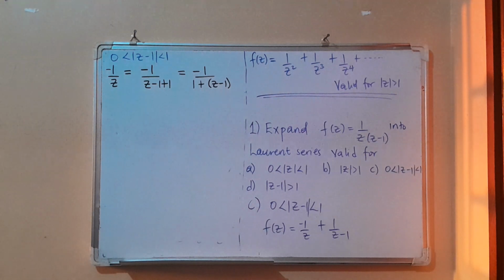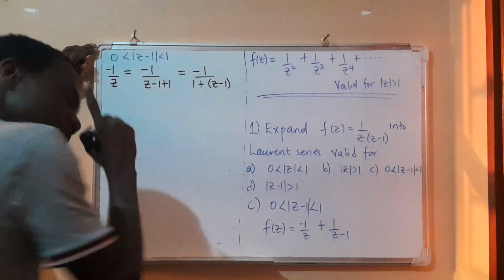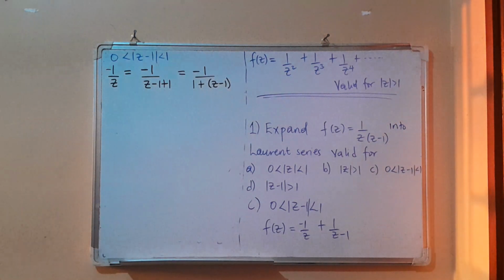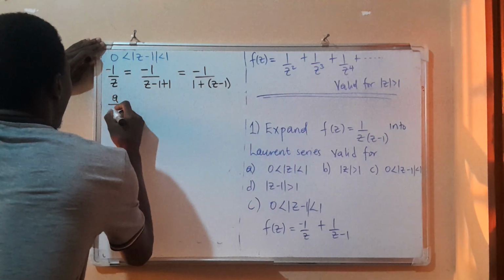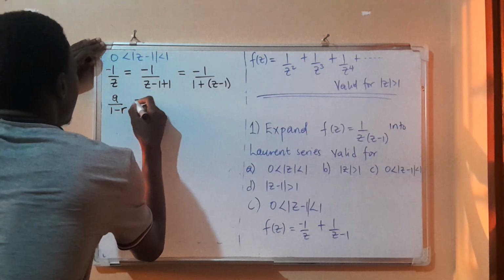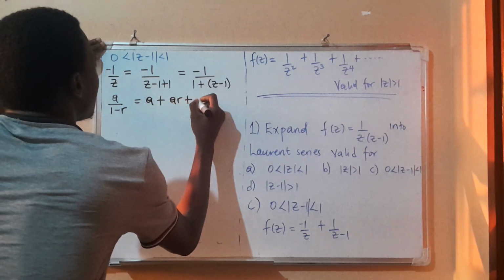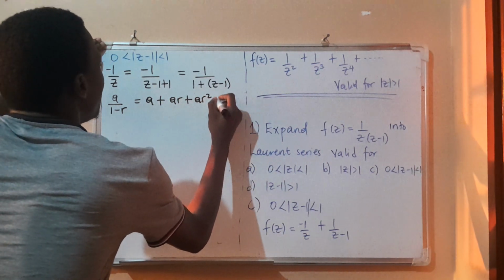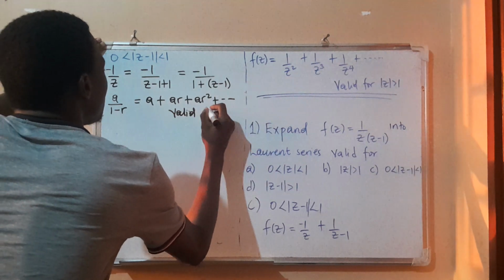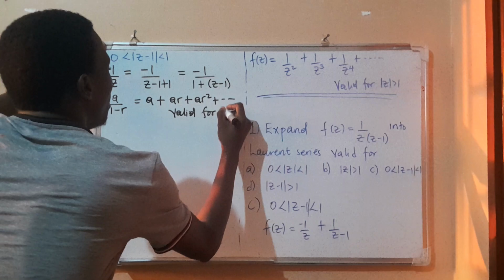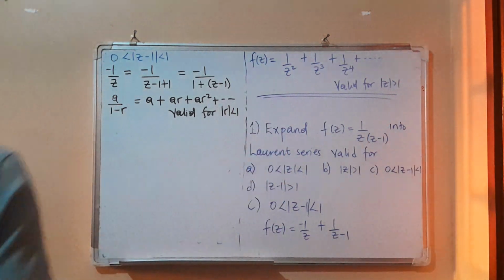Now recall that you need not forget this information. Recall that a over 1 minus r is equal to a plus ar plus ar squared plus..., valid for absolute r less than 1.